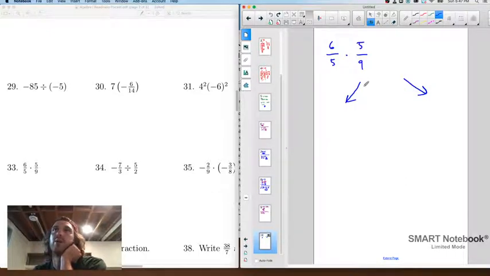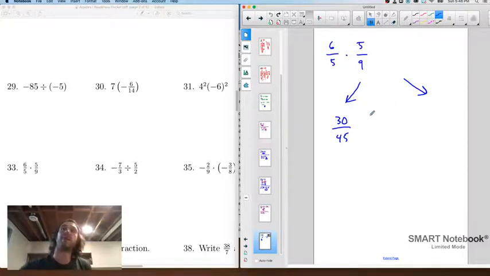I know I'm going out of order. One way that I see people do it is they'll multiply and then simplify, and that actually makes the problems more complicated. If you multiply first and you get 30 over 45, you're now stuck with trying to find the greatest common factor of the numerator and denominator so you can simplify, and that takes time.